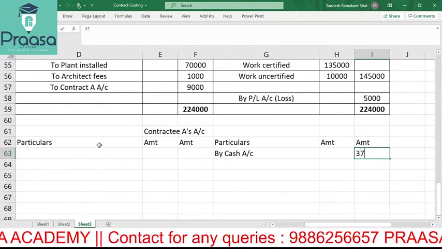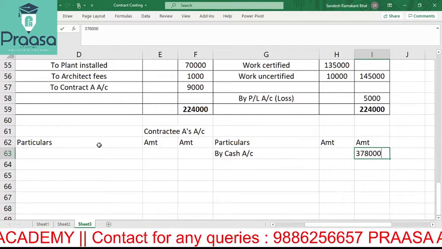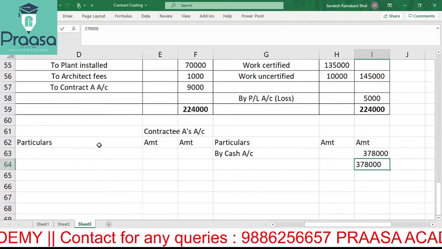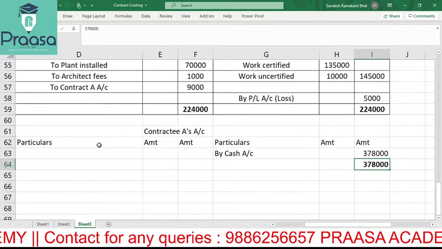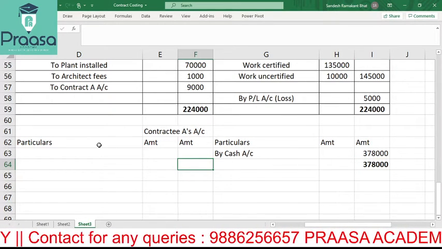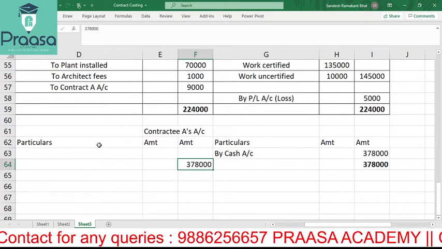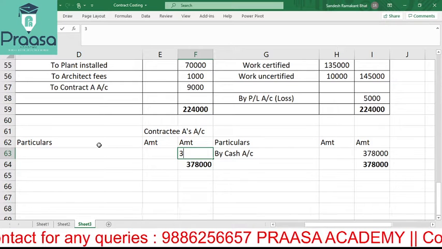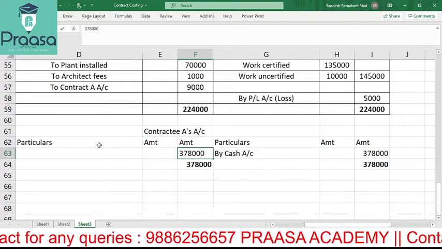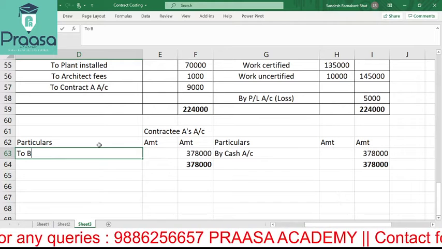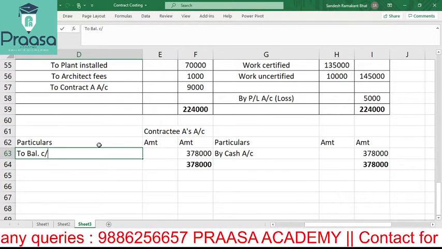In this case, 3,78,000. Any other information given? No. 3,78,000 will come here, and here also 3,78,000. This is to balance carried down.